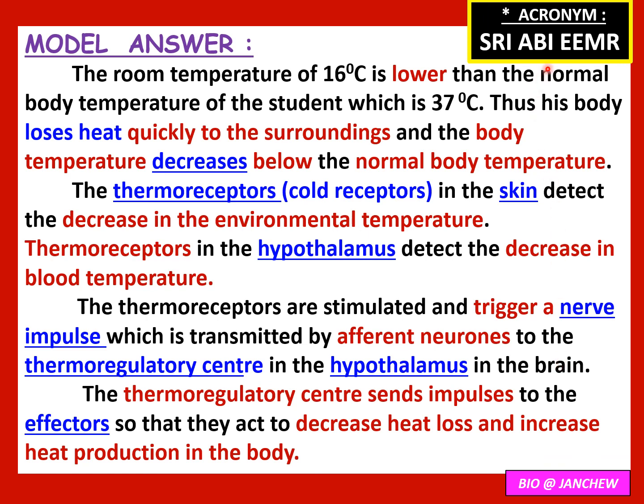Then I for impulse: the thermoregulatory center sends impulses to E for effectors, via the efferent neurons, another E for efferent neurons. The effectors are the muscles or the glands, as we will see afterwards, that will carry out the responses to help increase the body temperature so that it goes back to the normal range.